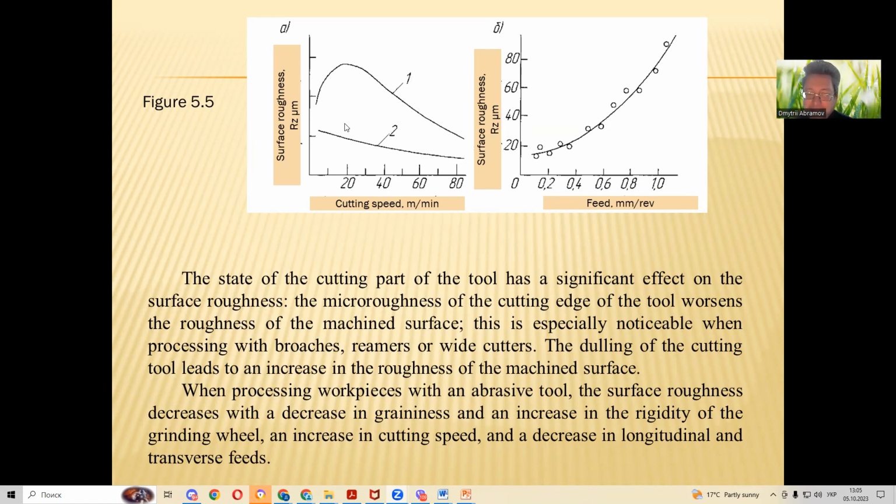When processing workpieces with an abrasive tool, the surface roughness decreases with a decrease in grain size and an increase in the rigidity of the grinding wheel, an increase in cutting speed, and a decrease in longitudinal and transverse feeds.